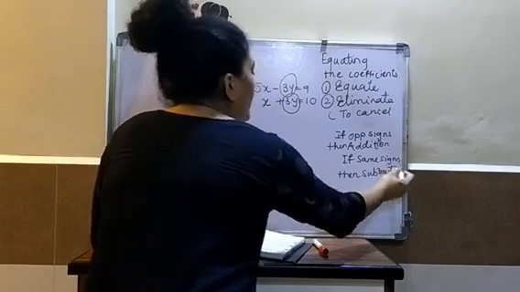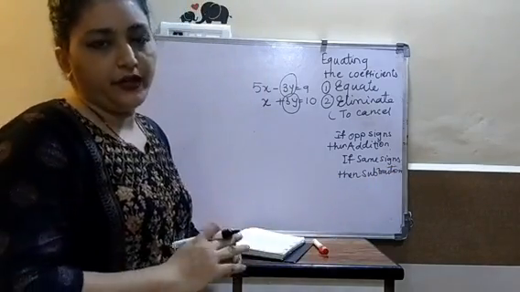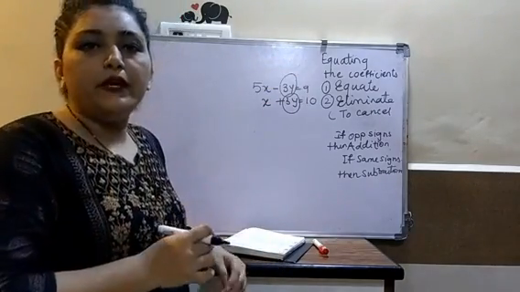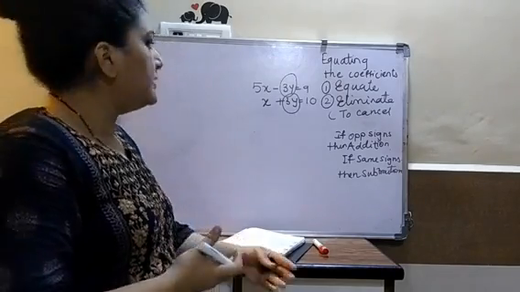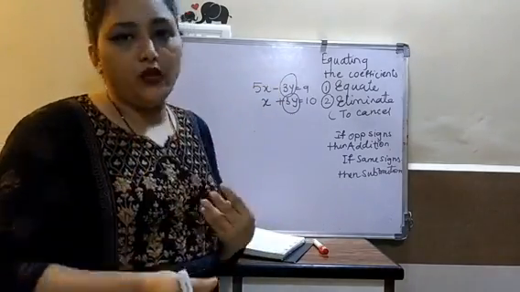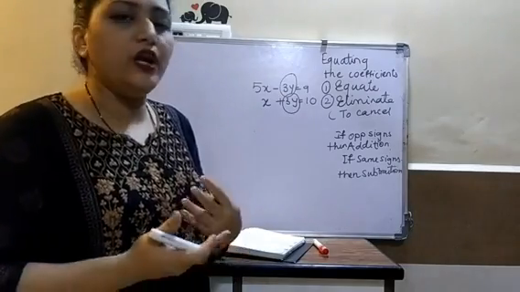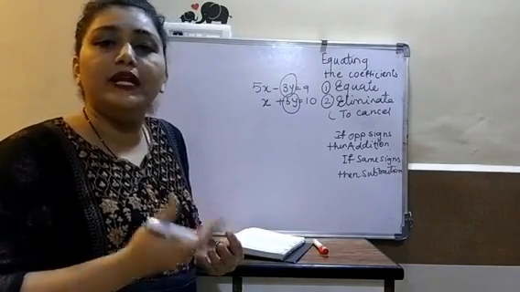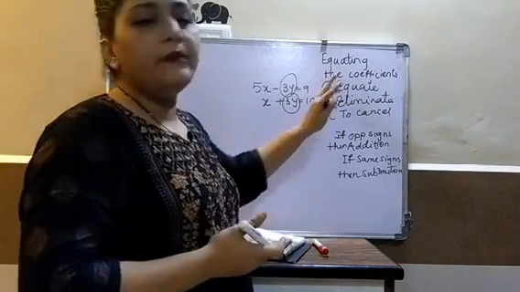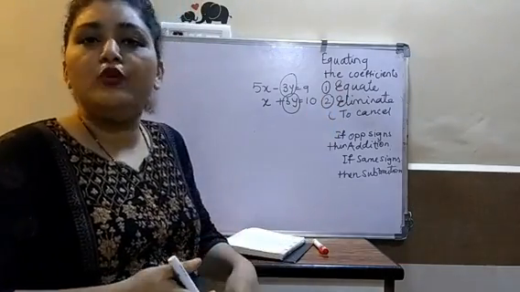So in the equating the coefficients method, you will follow these two simple steps. First step is to equate. It means if your two coefficients are not equal, then make them equal, and to make them equal we use multiplication. The second step is to eliminate, meaning to cancel.